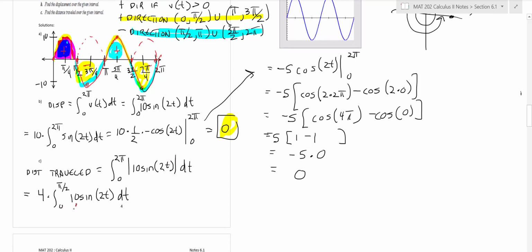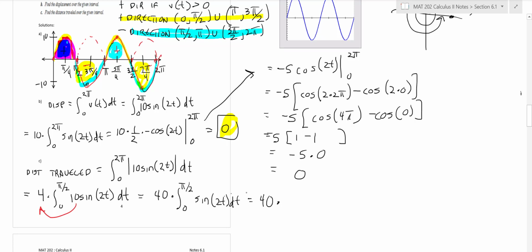Okay, 10 is a constant. You can bring it out. So we would end up having 4 times 10, or 40, times the integral from 0 to pi over 2 of sine of 2t dt. Like that. Okay, we're going to use our formula, 40. The antiderivative of sine is negative cosine.